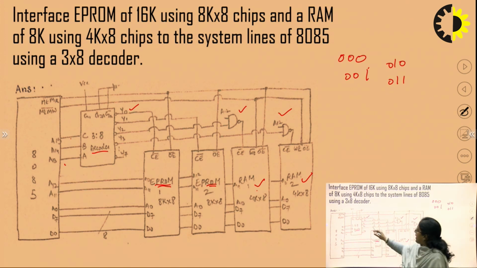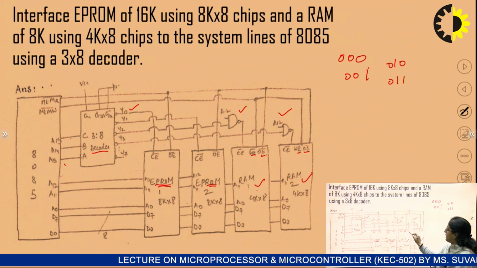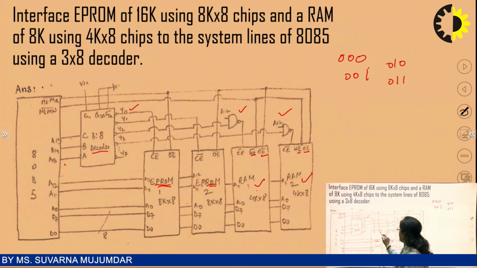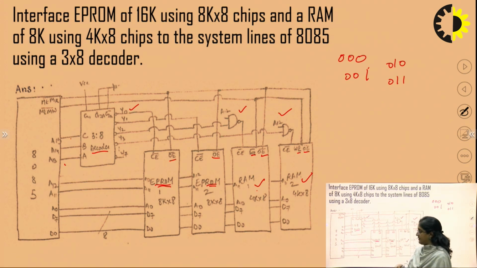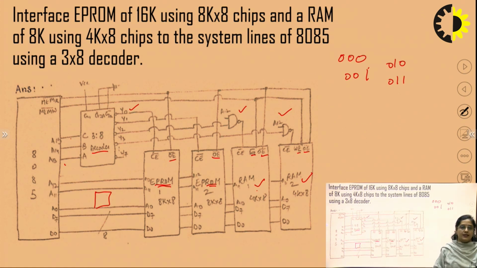Here memory read and memory write, these two signals are generated and they are connected to write and output enable in case of RAM 1 and RAM 2. Here we can connect a latch also to distinguish between data and address lines and ALE signal. So this is the interfacing circuitry for 8085 with EEPROM.